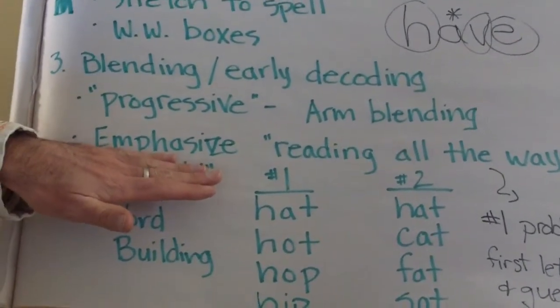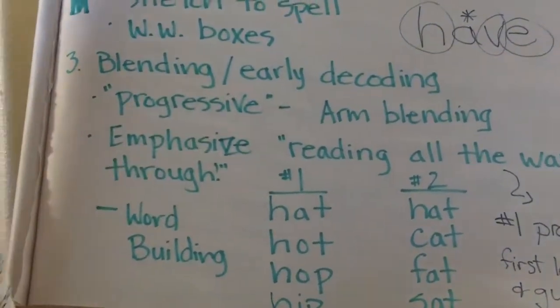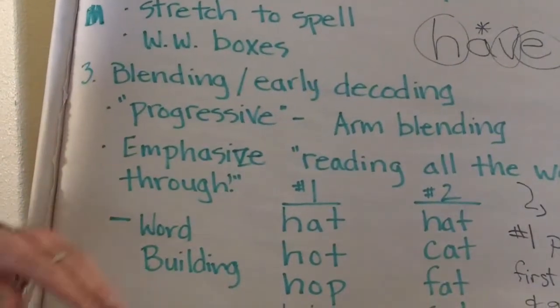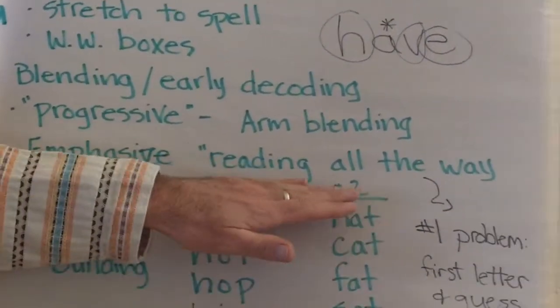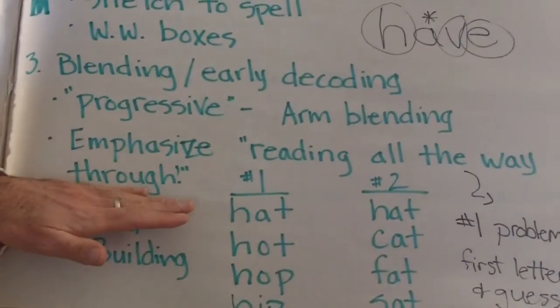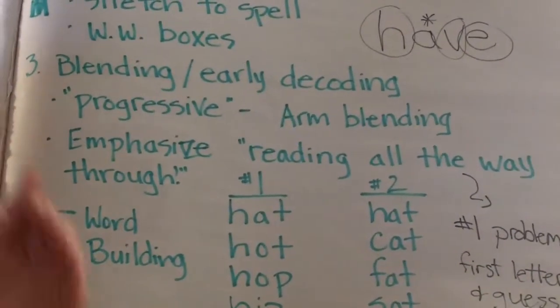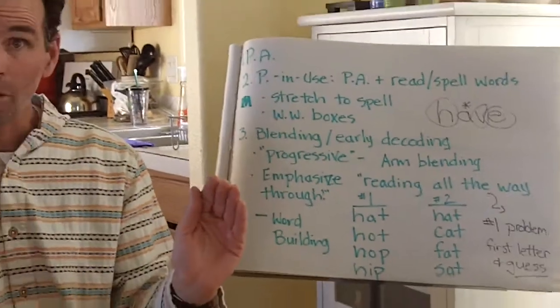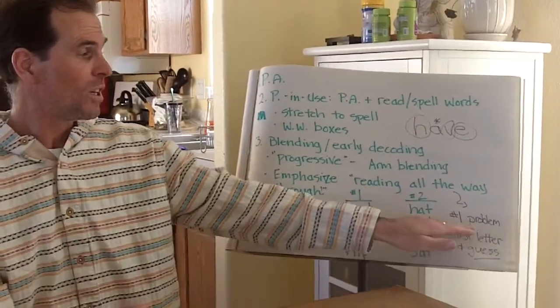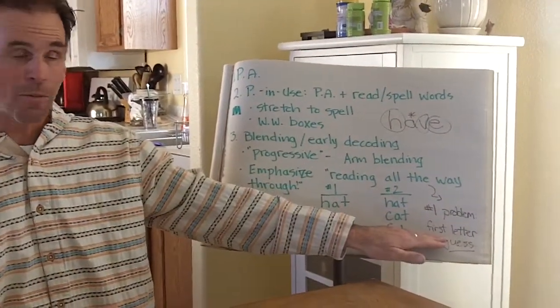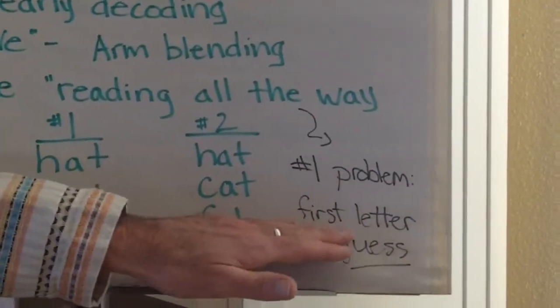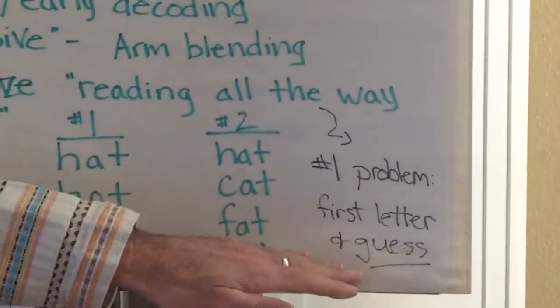Now, the other thing about early decoding that is critical is that we need to emphasize reading all the way through the word. The number one problem with struggling decoders at every level is to sound the first letter and then guess, or to sound the first consonants and guess.